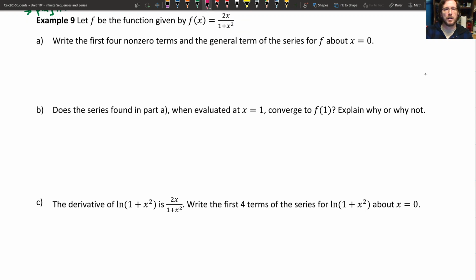First 4 non-zero terms. Can we rewrite this as a power series? Sure. We've got our a value, which is going to be 2x. And if we think about this as minus the opposite, that's 2x over 1 minus the opposite of x squared.